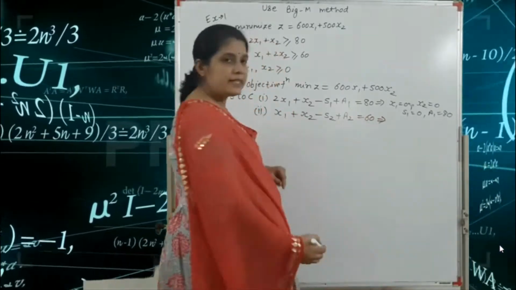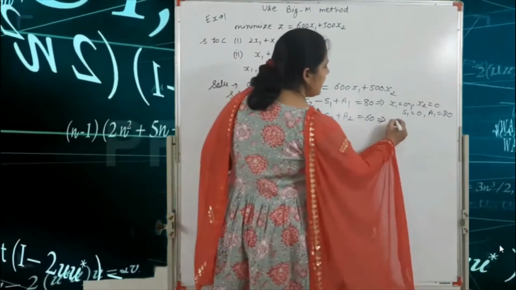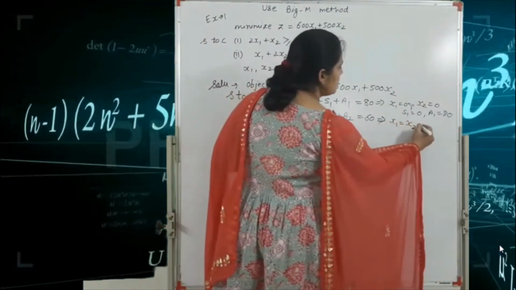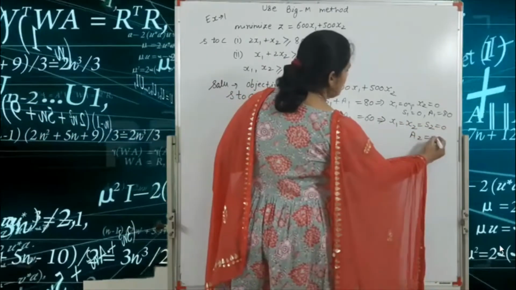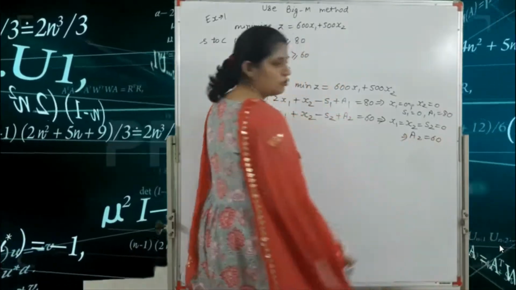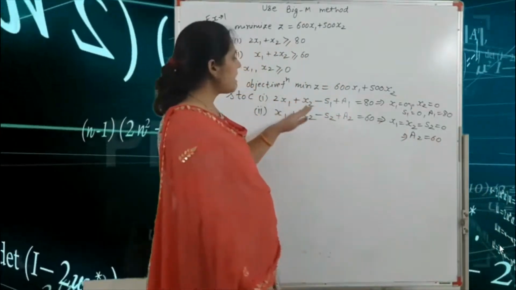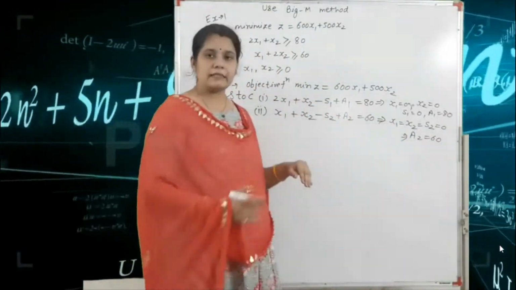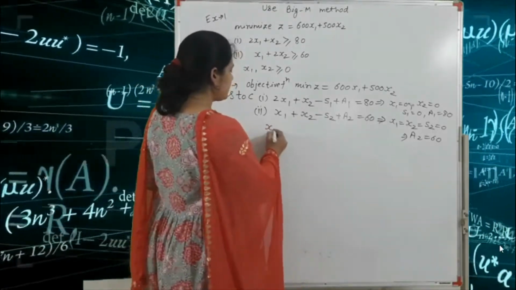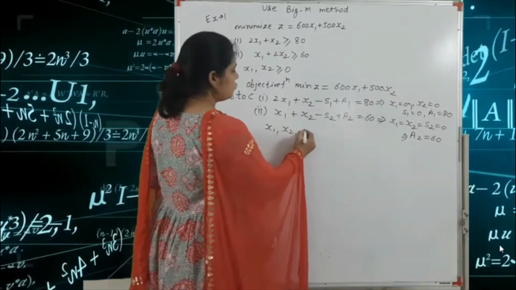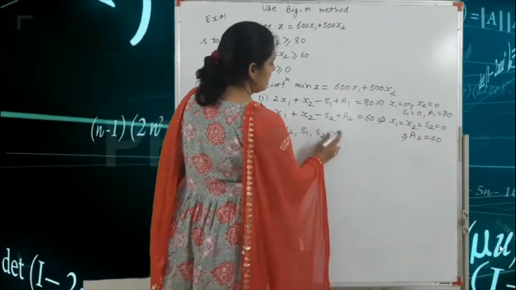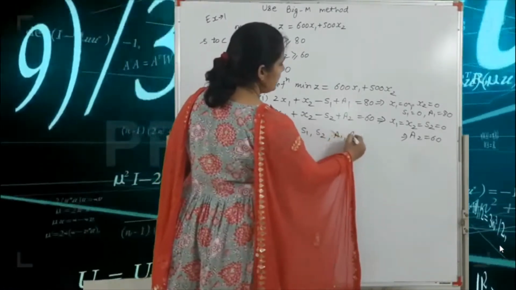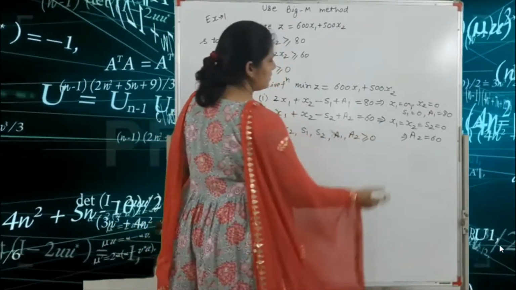In this equation, if we put x1 = x2 = 0, we get a2 = 60. Got it? So here we write the surplus variable and the artificial variable, and here we write x1, x2, s1, s2, a1, a2 ≥ 0.